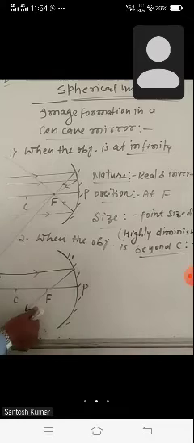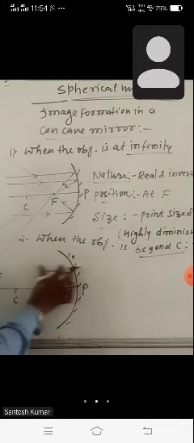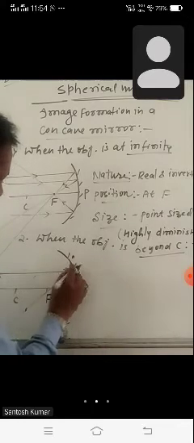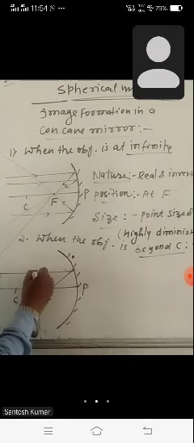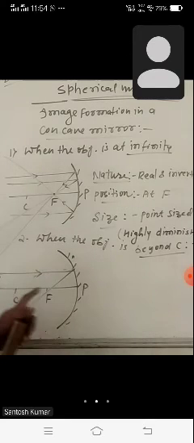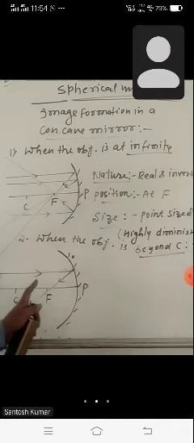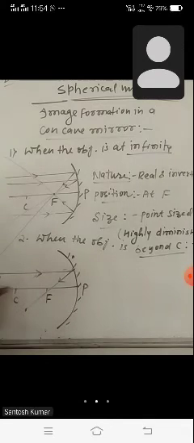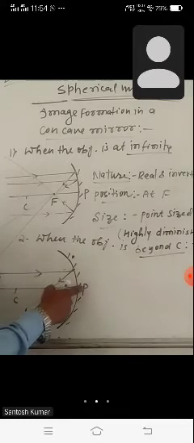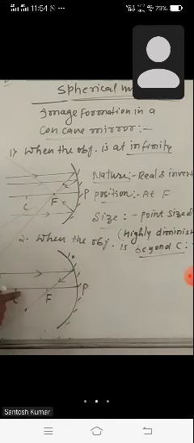Second, just see the point after the object. What will be the first point after the object? We have to pass the light ray through that. After this object, this point is also there, but this C is just after, so the second ray will pass through this.